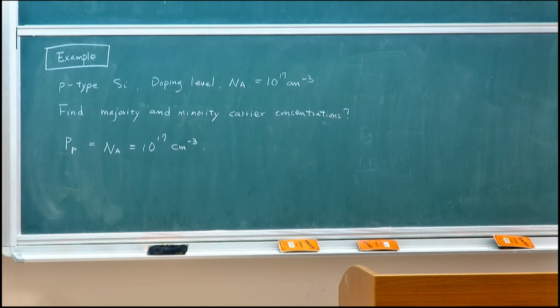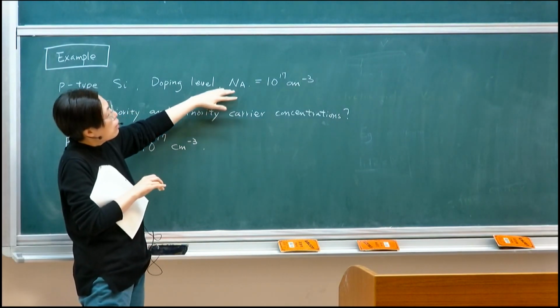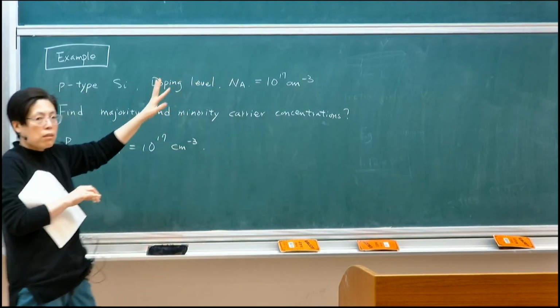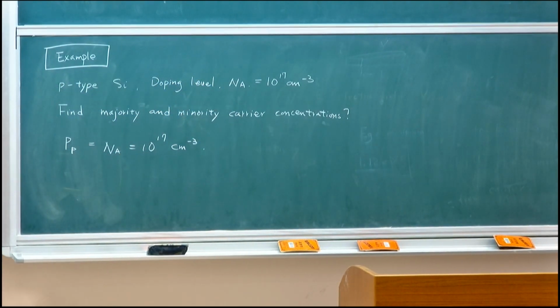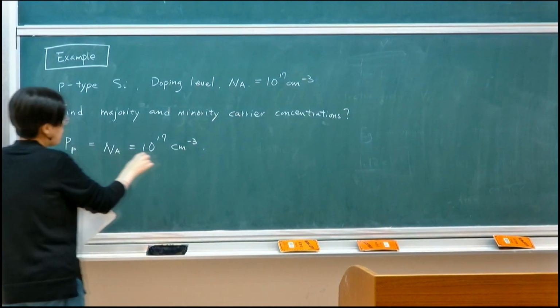It's like putting sugar in water. There's a limit as to how much you can put in. So 10 to the 20th is probably the limit, but silicon is still the main construct of the material. Typically 10 to the 20th is on the higher end, and 10 to the 17th is pretty much in the middle. So this is the majority carrier.